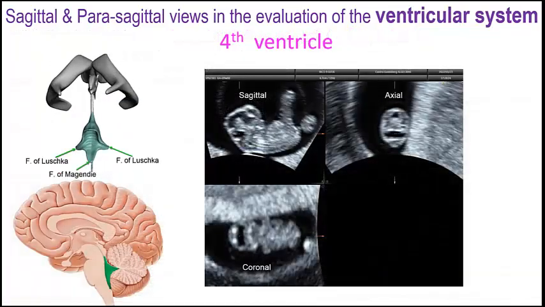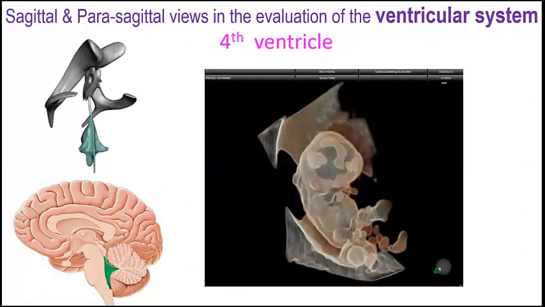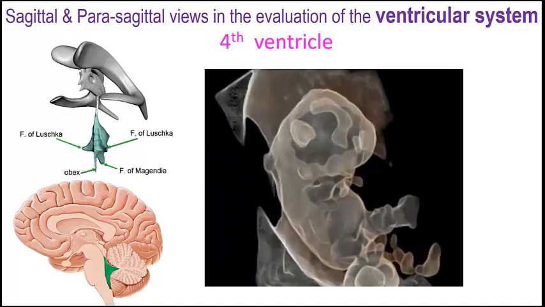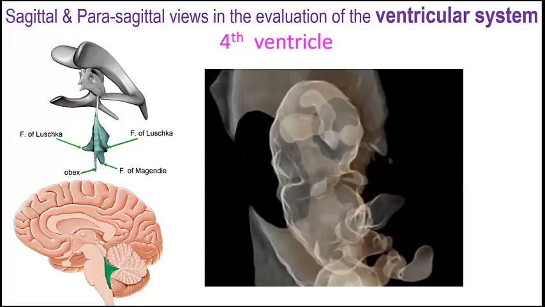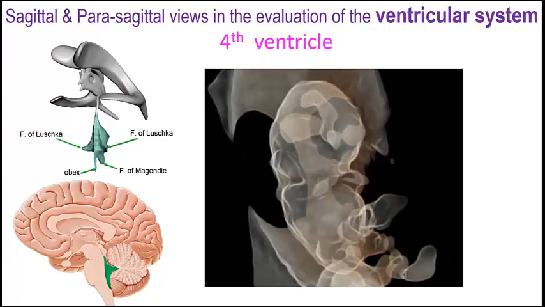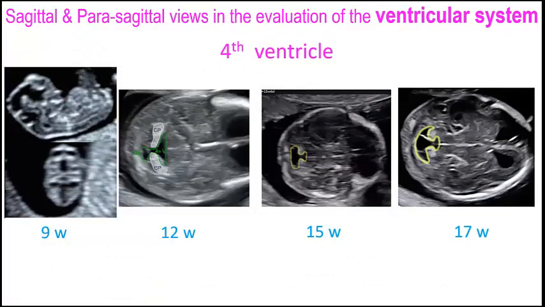The fourth ventricle is the smallest ventricle at term and in adult life, and interestingly it is the first that we see and the most prominent structure of the ventricular system in the first trimester. During the first half of pregnancy, we can see in the axial planes a communication between the fourth ventricle and the cisterna magna, and this should be considered a normal finding until week 18 or 19.